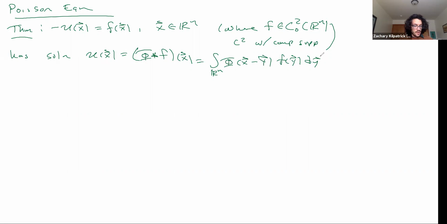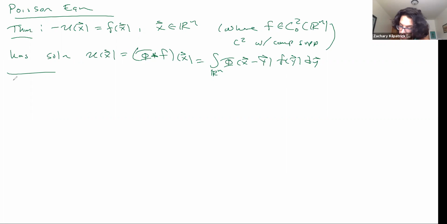We also needed the compact support because the integral over the fundamental solution isn't necessarily bounded. And like I said, we needed to remove that singularity at the point x equals y in the fundamental solution.